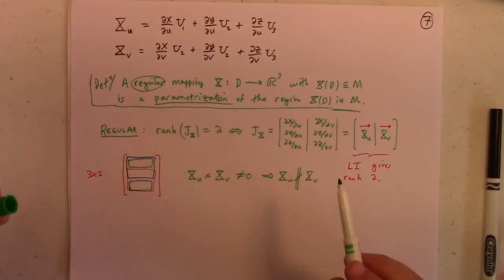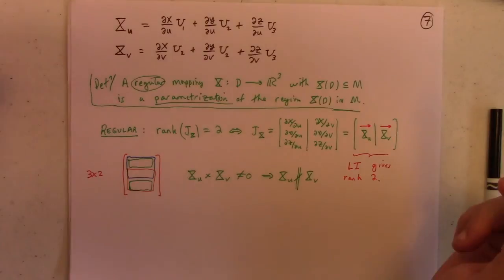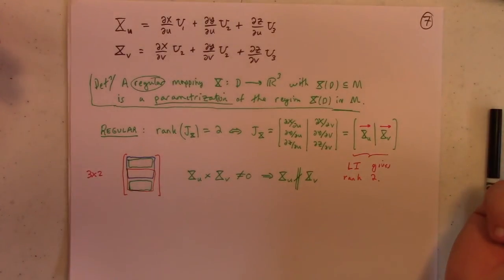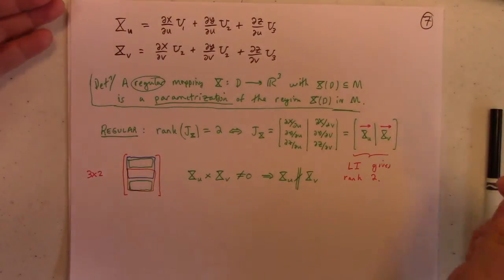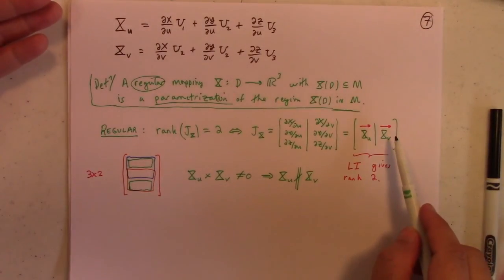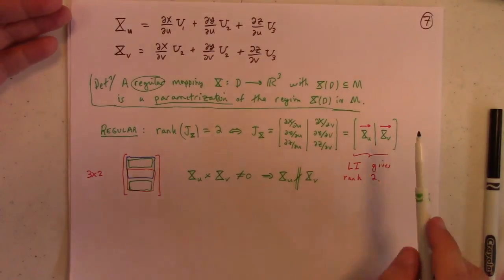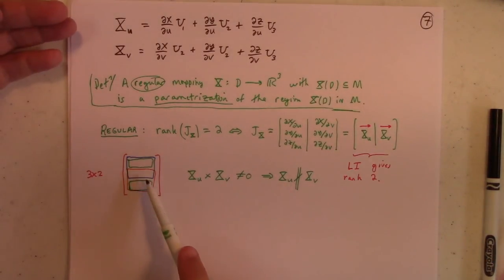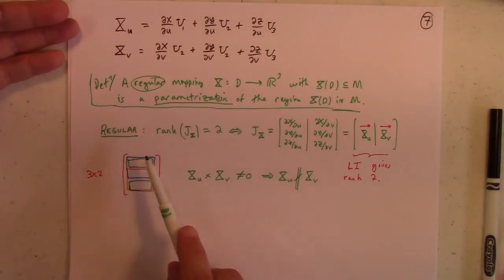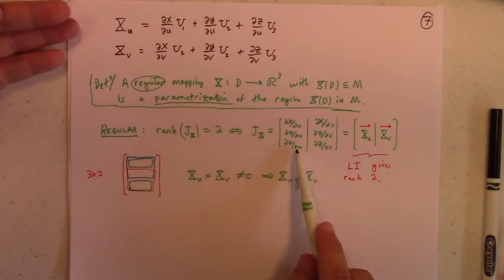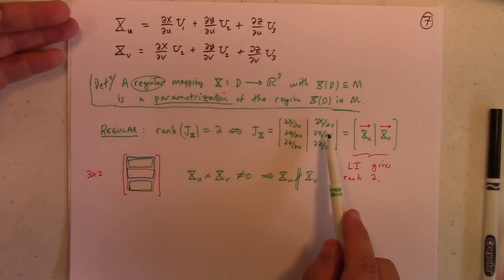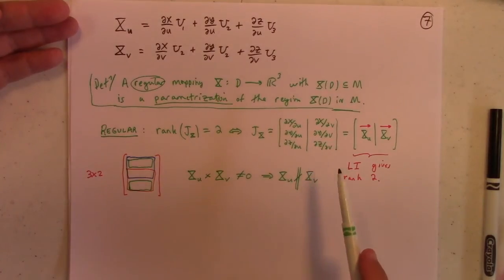If xu and xv are collinear, if you think about them as geometric vectors, then they would be linearly dependent, and the rank of the Jacobian matrix here would not be 2. So you've got these different ways of looking at it: linear dependence of the columns of the Jacobian matrix, or any one of these 2 by 2 determinants from the submatrices being non-zero would also give you linear independence of the columns, rank 2.